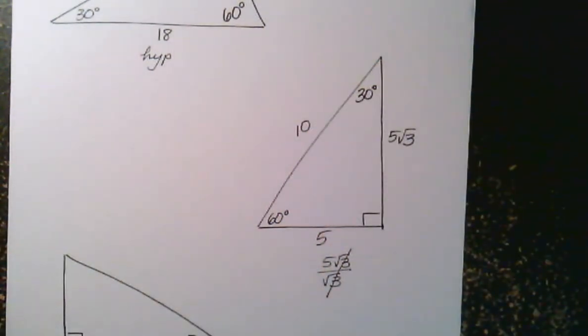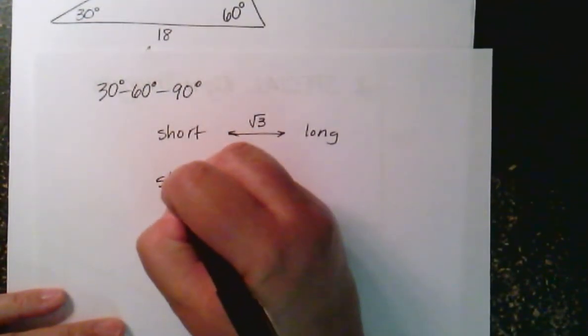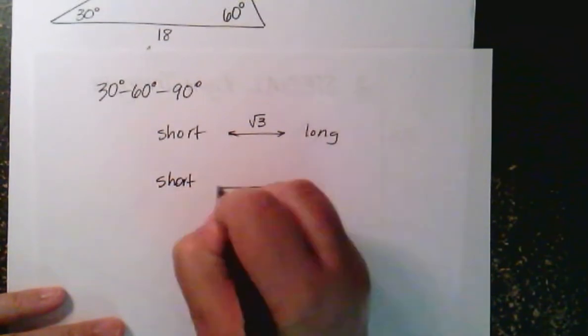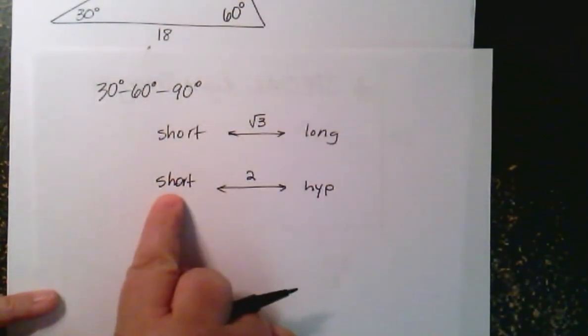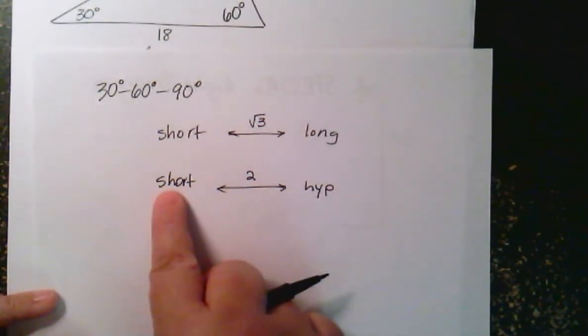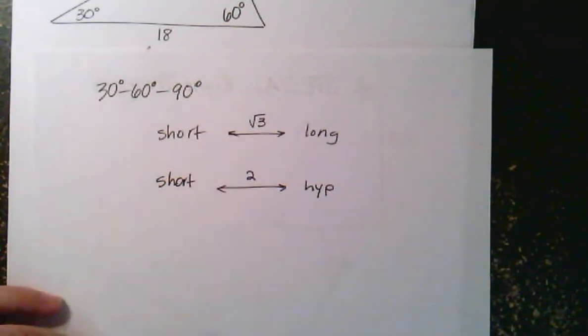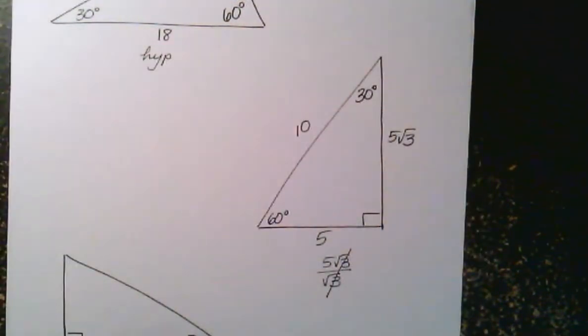All right, so let's go ahead and write that the way we were doing that a second ago. The relationship between the short leg and the hypotenuse is all hinging on the number 2. If I'm going this direction from short to hypotenuse, it's times. From larger to smaller, it's divided. Okay? Draw a little box around that.